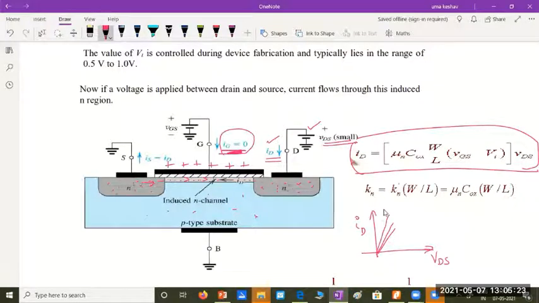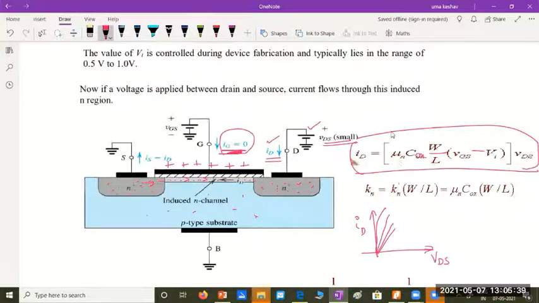Every time the drain source voltage changes, the drain current increases like this. So the defining equation is mu n into Cox W by L into (VGS minus VT) and the whole thing into VDS.